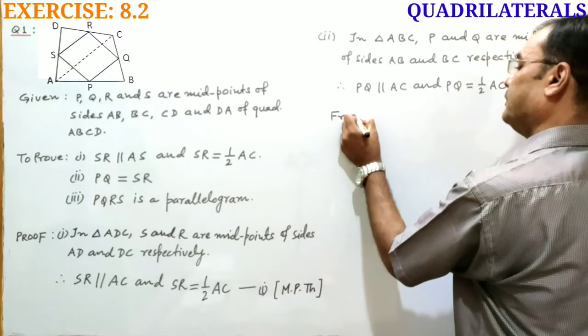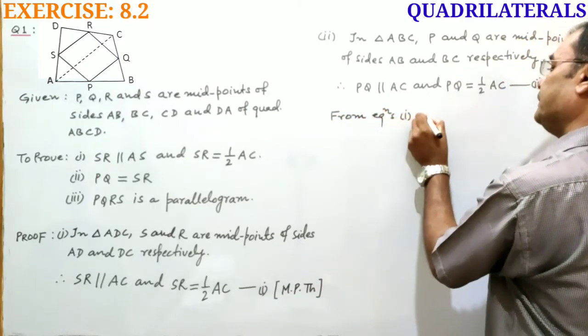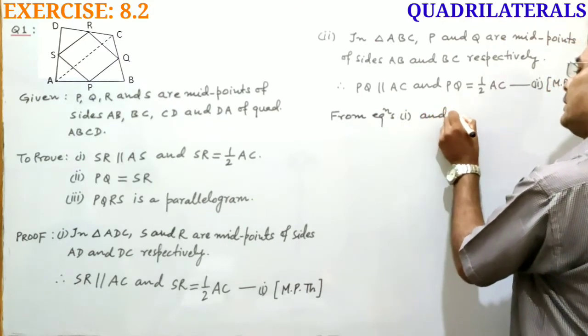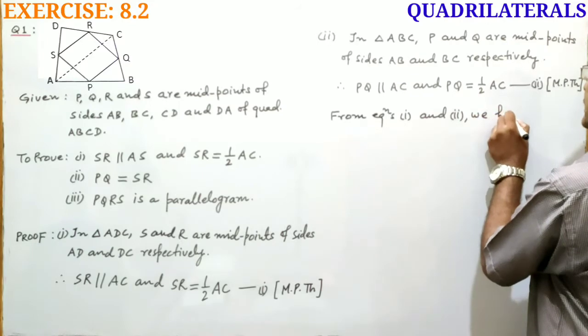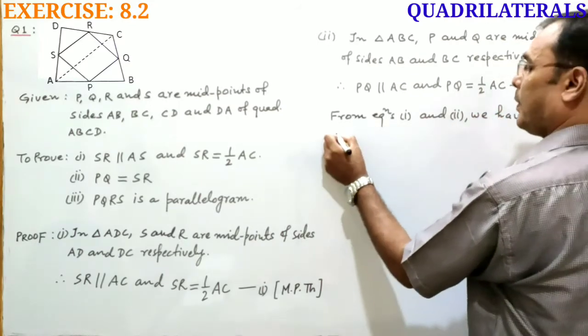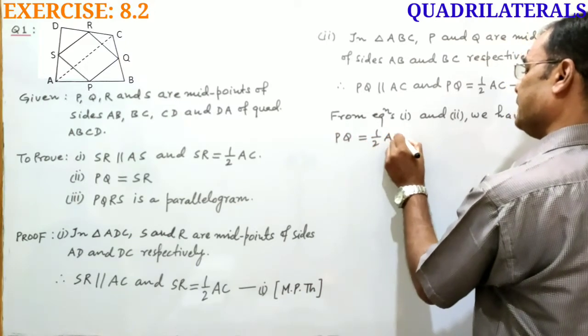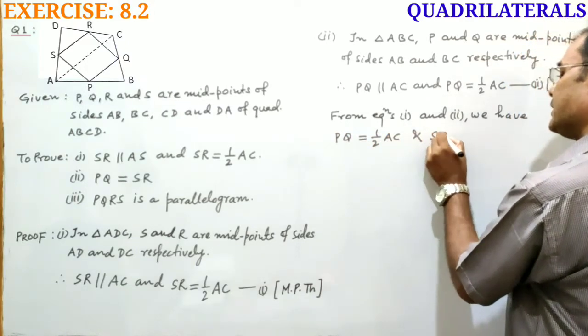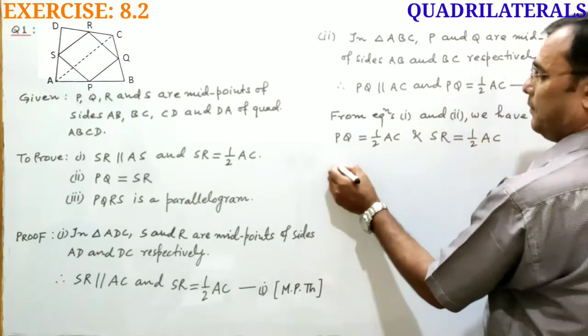So from equations 1 and 2 we have PQ equal to half AC and SR is equal to half AC.